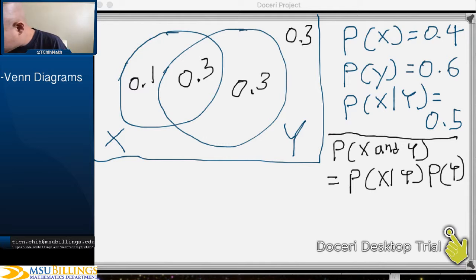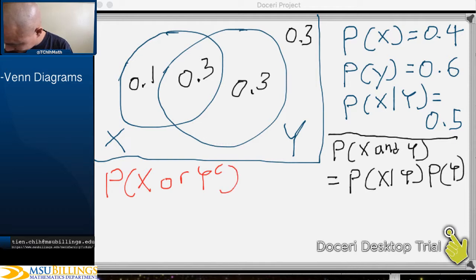So let's start with some examples of that. Let's switch colors here, and let's pick something. Let's say, what is P of X or Y complement? Well, what's P of X or Y complement?